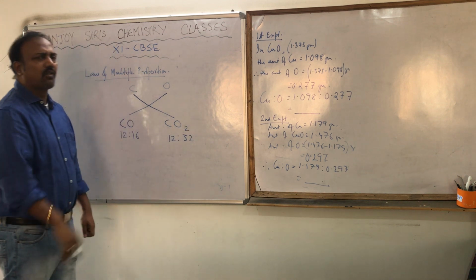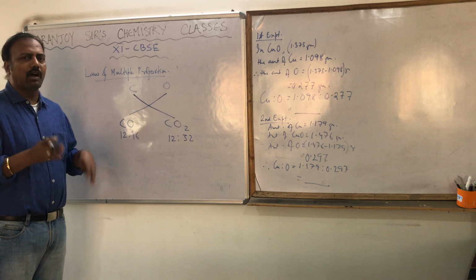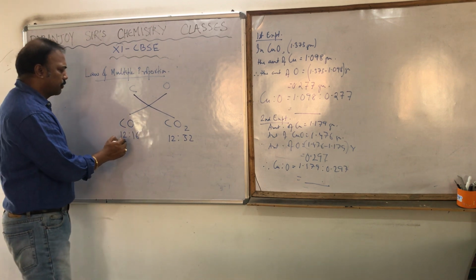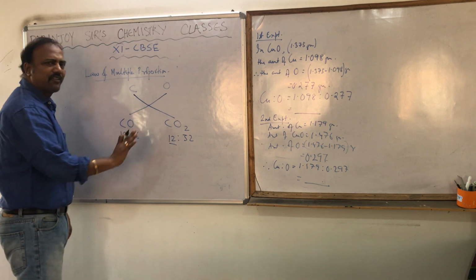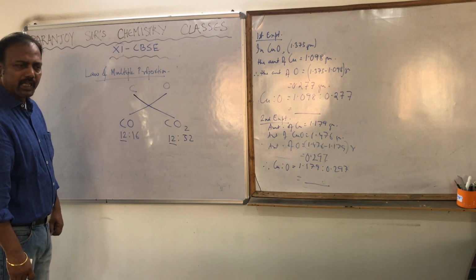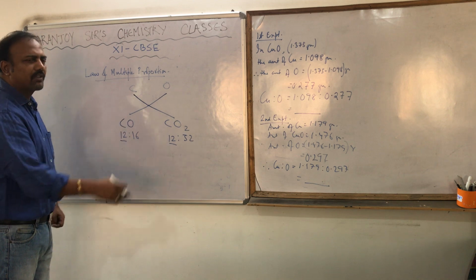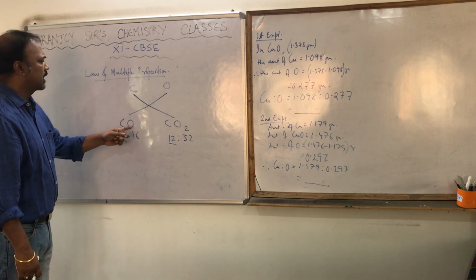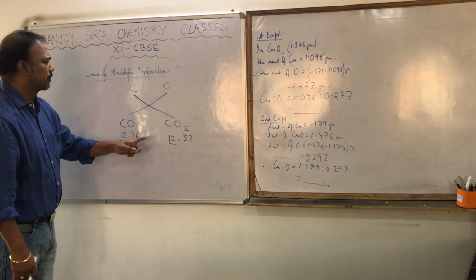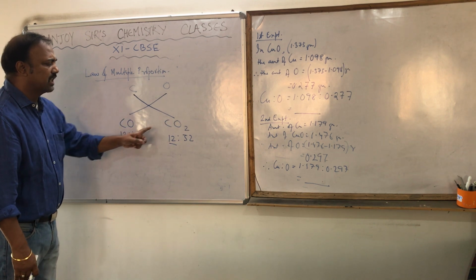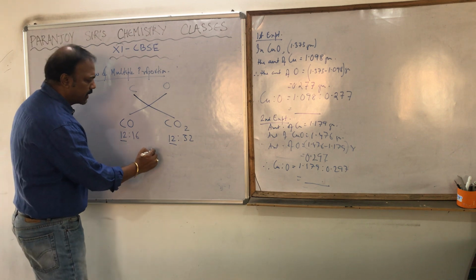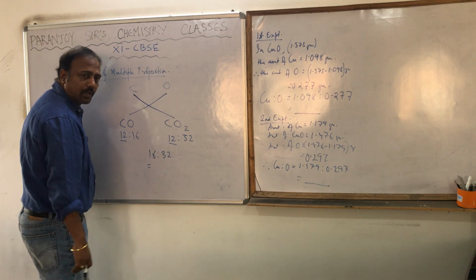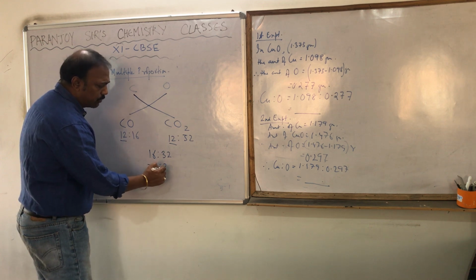Now this law says keeping the amount of any one of the elements fixed. Here the carbon is 12, here the carbon is 12, so that is already fixed. If we take the ratio of the other element in the two compounds, the ratio of oxygen is 16 is to 32, and that is nothing but a simple whole number ratio, 1 is to 2.